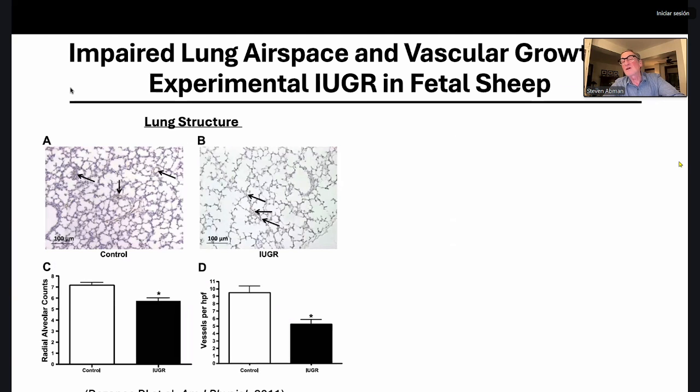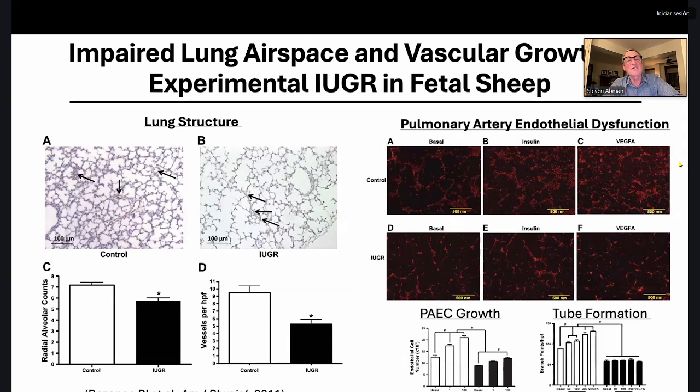And certainly more lung studies we did with an IUGR model in sheep. I won't go into this too much, but simply causing the placenta to be dysfunctional, not to grow well, from a heat stress to pregnant sheep was enough to cause neonatal lung hypoplasia. And this is the IUGR lung.